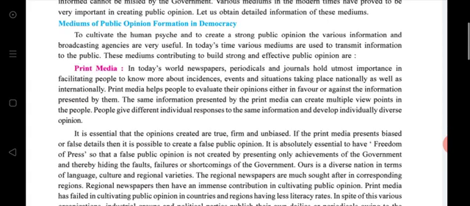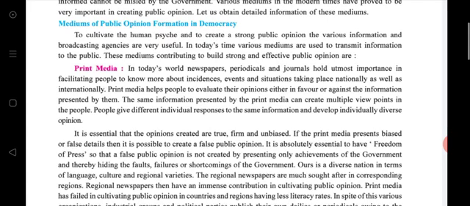See students, now here I give you some related points which you write in the difference. Third line: print media helps people to evaluate their opinion either in favor of or against the information presented by them. Suppose we take one example: if any event happens in Mumbai and that incident is seen on television, I mean a news channel, and also in a newspaper.